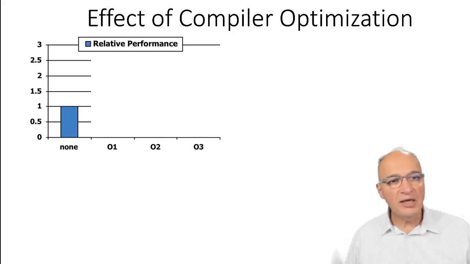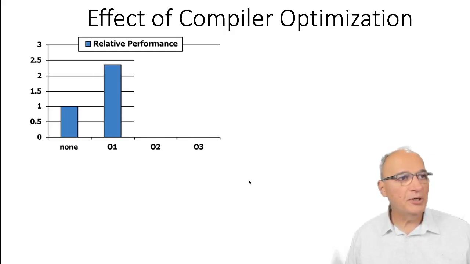And now let's see what happens as we start turning on different optimizations in our compiler. So if I turn on optimization level 1, my performance for this simple algorithm increases by about 2.3 to 2.4 times. So it's more than double the performance of having no optimizations.